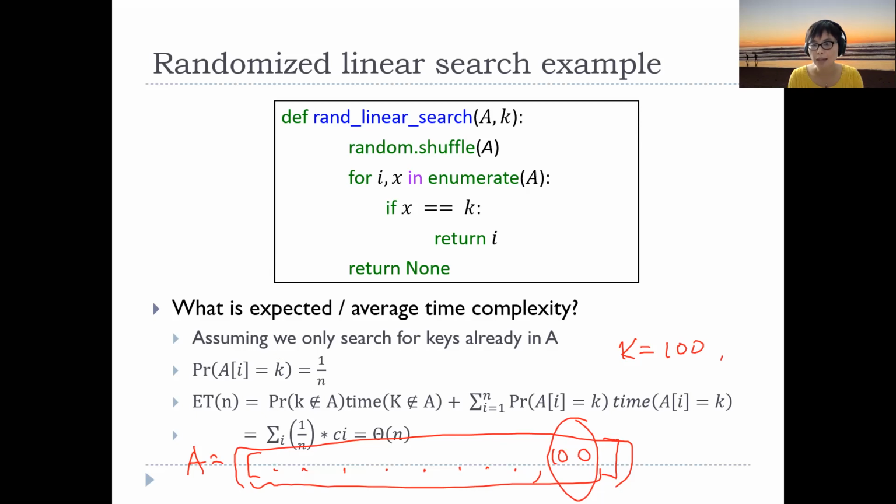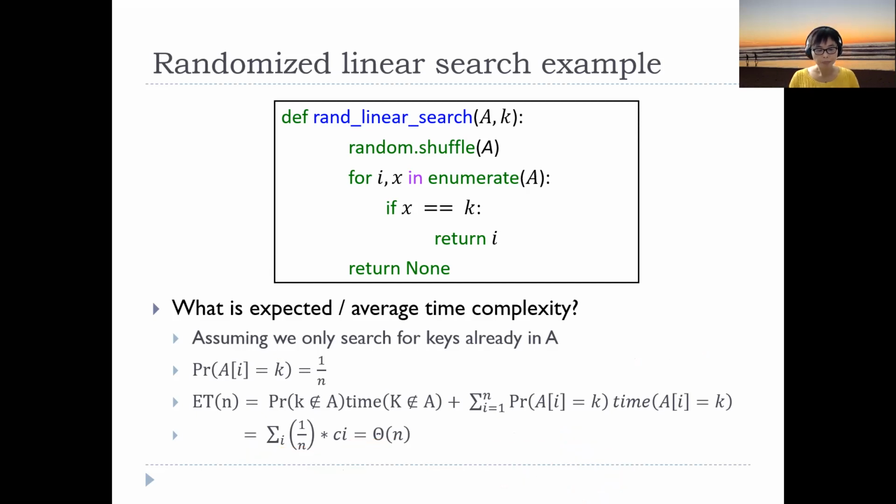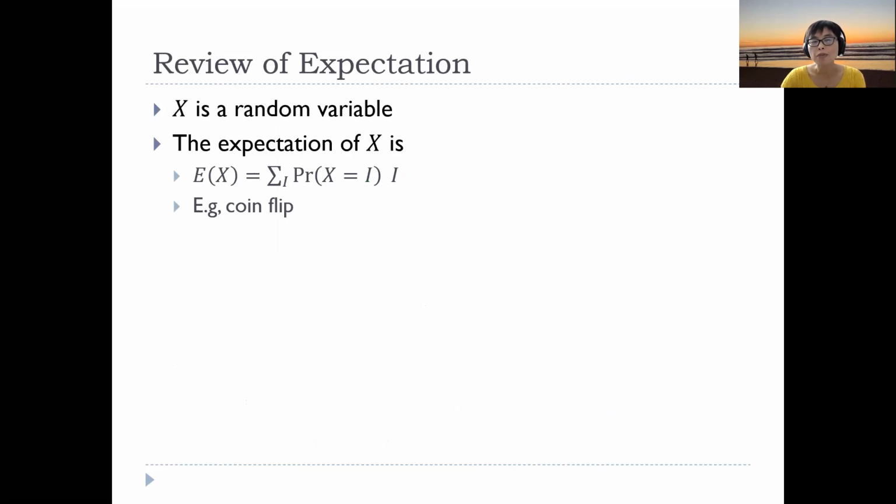Before we talk about this more formally, let me just review expectation, a tool we often use in statistical data analysis. Just some simple facts, and then we'll see how that applies when we analyze a randomized algorithm.